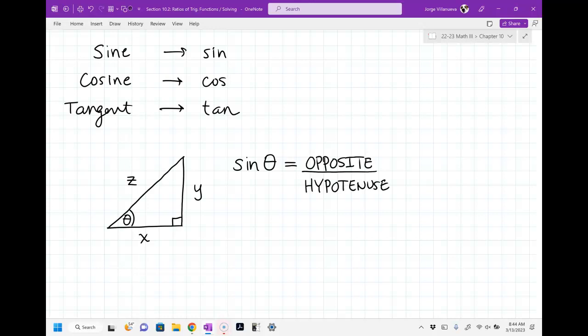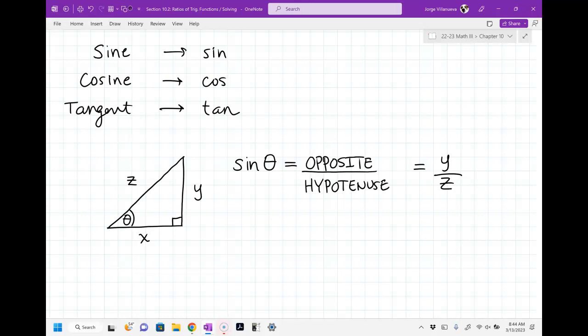The opposite side of the angle is this one. Notice X is touching the angle, and Z is touching the angle. The opposite side does not touch the angle, so my Y value is my opposite side. We'll write this as Y over Z. Some people might call it R, or ABC instead of XYZ.